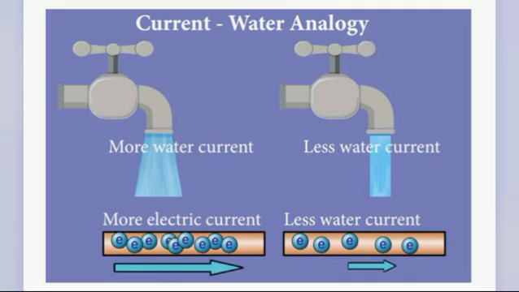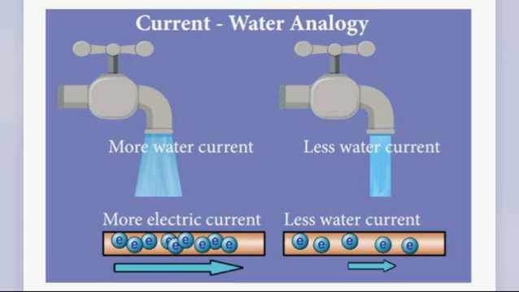Now we are going to relate the electrical circuit parts and the water flow system parts. The pipe is like the wire in the electrical circuit, and the pump is like the battery.